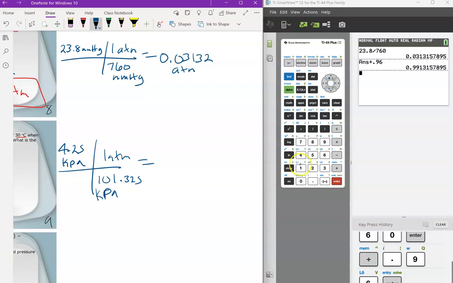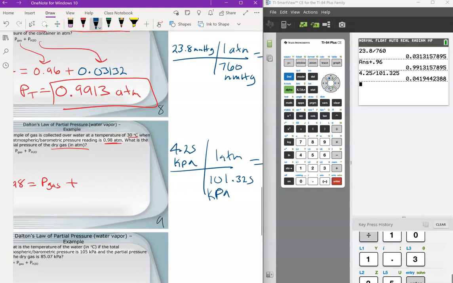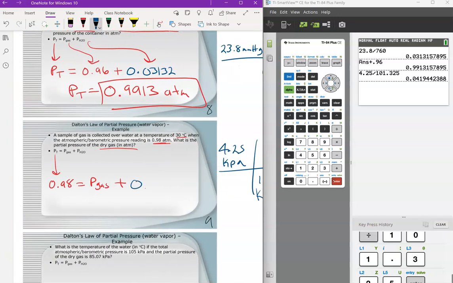So I'm going to do the math for that. 4.25 divided by 101.325. And again, I could have chosen mmHg or kPa. It's whatever your preference is or whatever might be easiest to solve the problem. And that is 0.04194 atm. So I'm going to plug that in here.